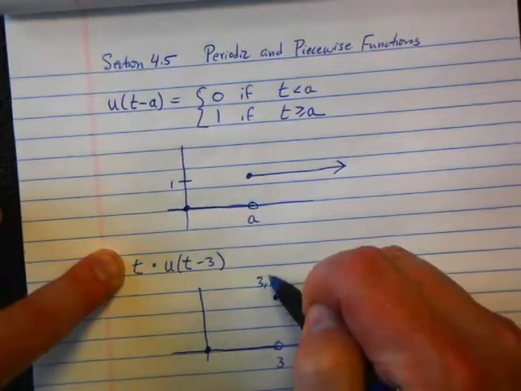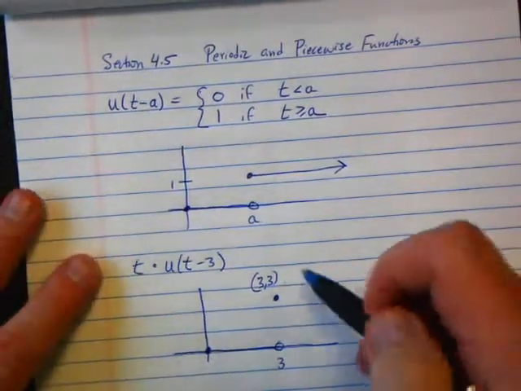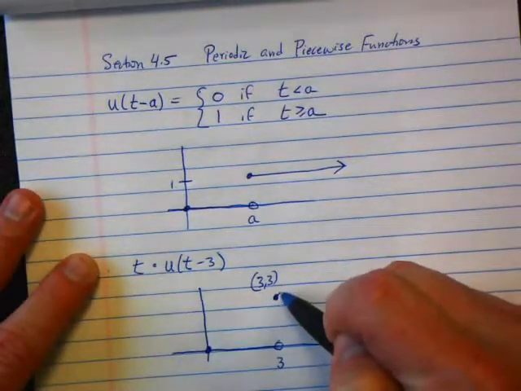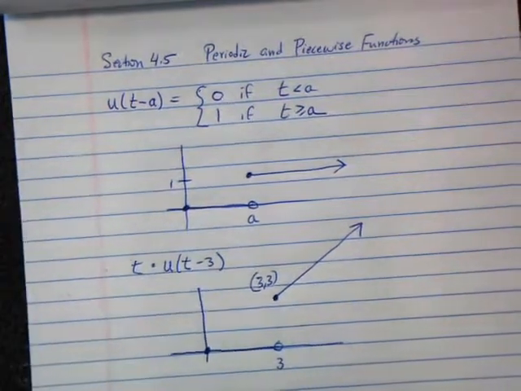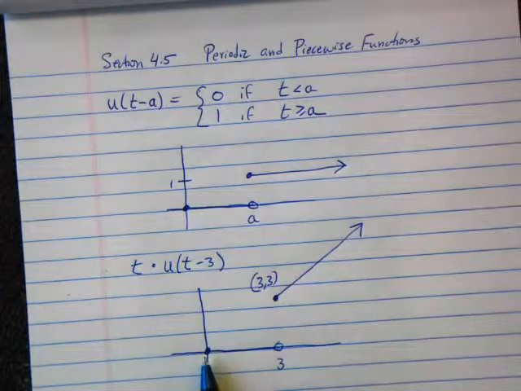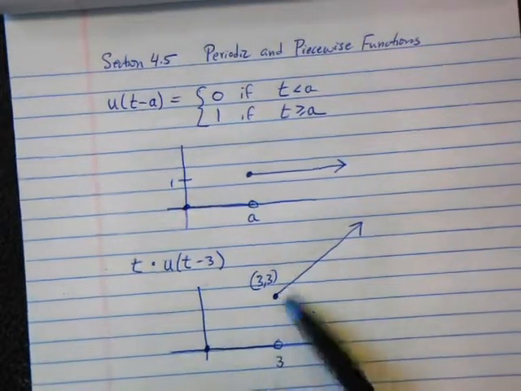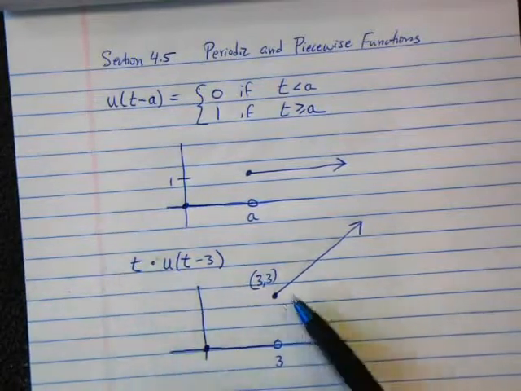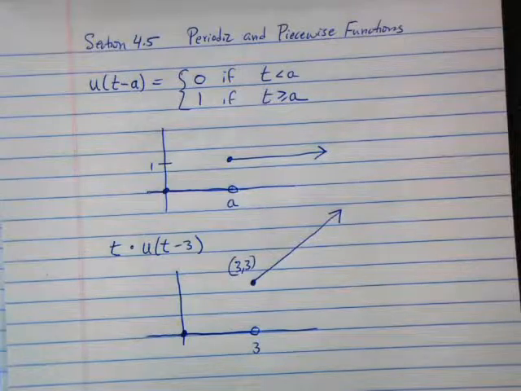Well, when I plug in the number 3, t is 3, so I'd have the point (3, 3). And then this line has slope 1. So this graph is 0 up until you get to the point 3. Once you get to t equals 3, you get the graph of this line t. Looks like that. It goes through (3, 3) and has slope 1.